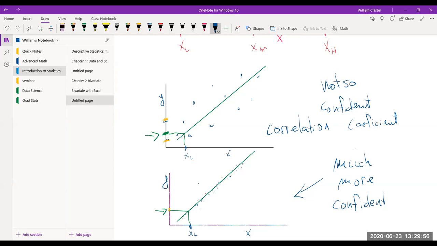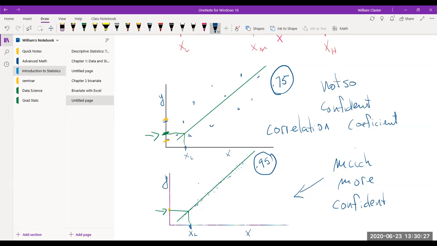So the correlation coefficient for this is going to be about 0.95, and the correlation coefficient for this is going to be about maybe 0.75 or 0.8. Okay, so 0.75 and 0.95. The correlation coefficient, we will discuss it more clearly later, but it tells you how close the data fits a line.